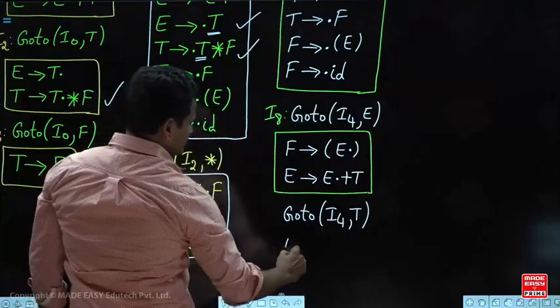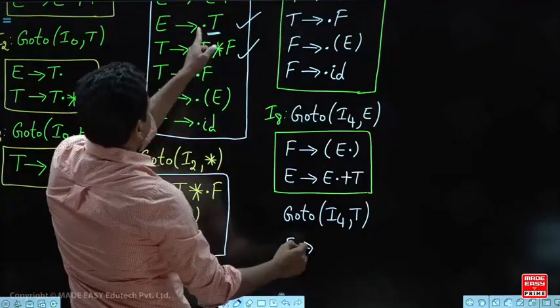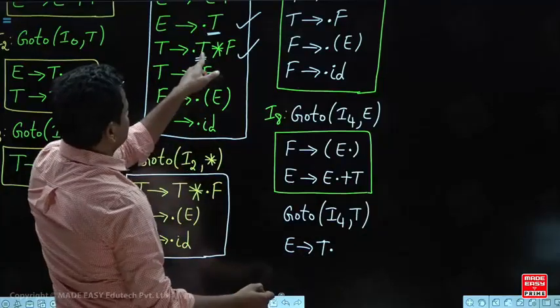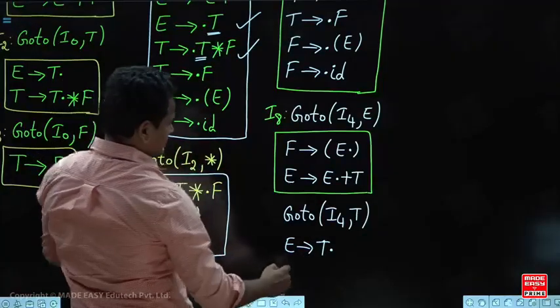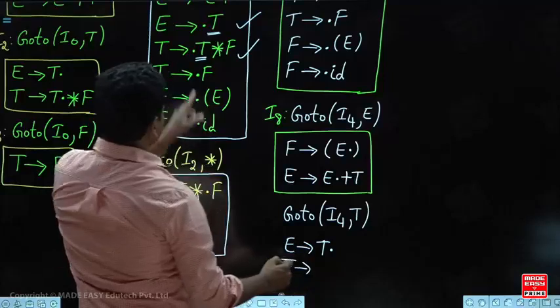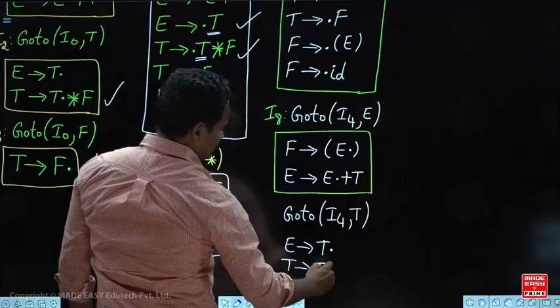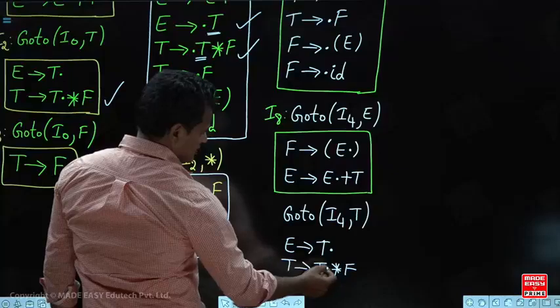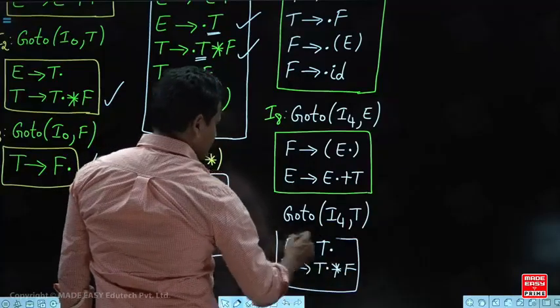If I write for the first one, the dot will come after T. If I write the go to for the second one, T dot star F, so dot after nothing, dot after terminal. You cannot add any other production.